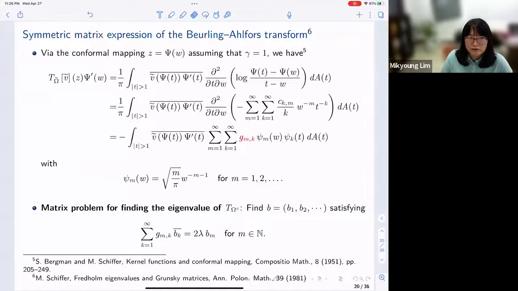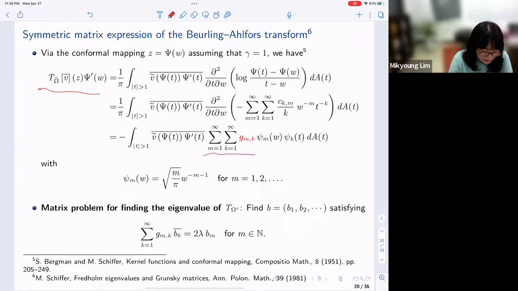And this Grunsky coefficient actually provides a symmetric matrix expression for the Bergman-Schiffer transformation. If we change the variable for the operator T on omega tilde, this omega complement, then at the end, by changing the variable, you have a double summation of g_{mk}, where g_{mk} is the symmetrized Grunsky coefficient, times a basis function psi_m.